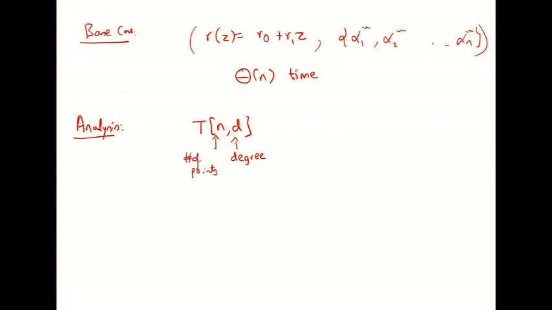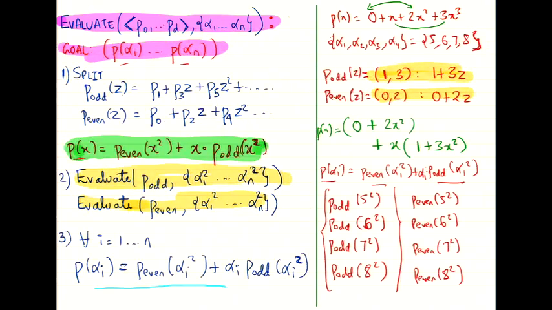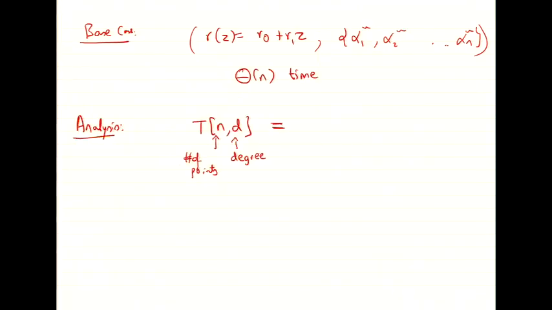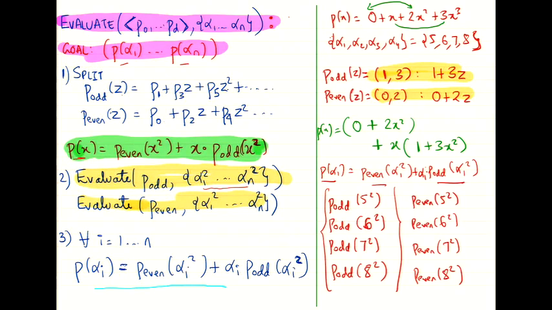What do you end up with? By splitting the polynomial, we reduced the degree by 2, but we kept the number of points the same. So I needed to evaluate a degree d over 2 polynomial on n points: alpha 1 squared, alpha 2 squared, it's still n points. There were two such evaluations, p odd at n points and p even at n points.